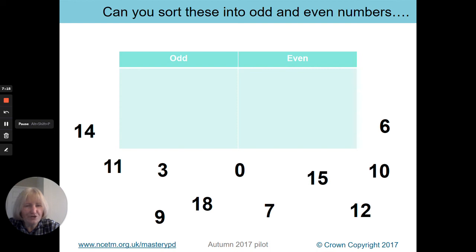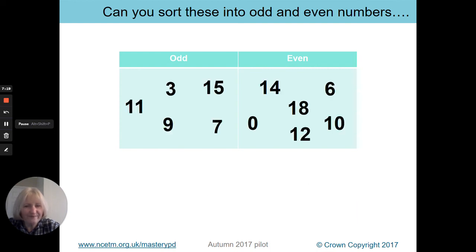Okay, a little bit more tricky that time, wasn't it? Shall we have a look? This is what you should have had. So all of these numbers on this side are odd. 3 and 7 and 9. 11 is odd. Do you remember 10 was even, so 11 would have one more on the numicon shapes if there was an 11. And 15, because 5 is an odd number, 15 is odd too.